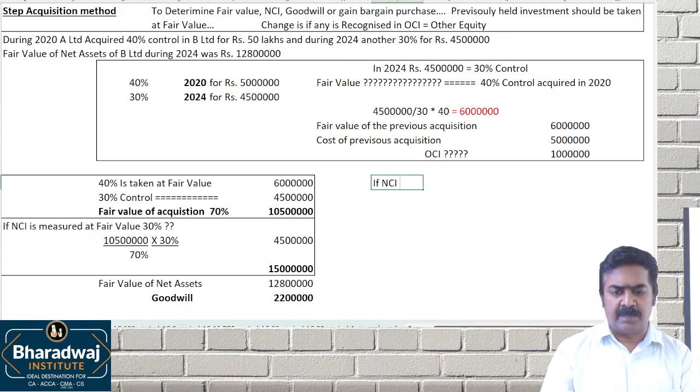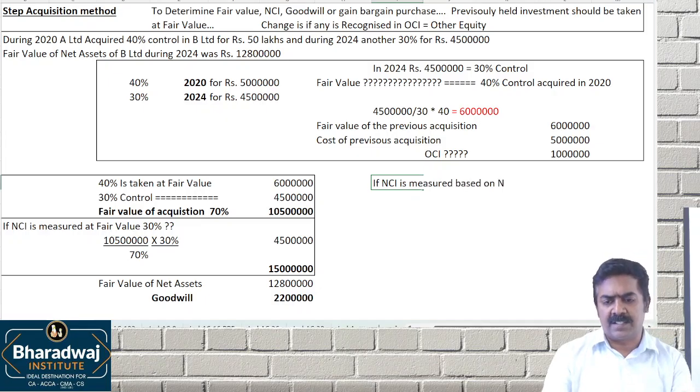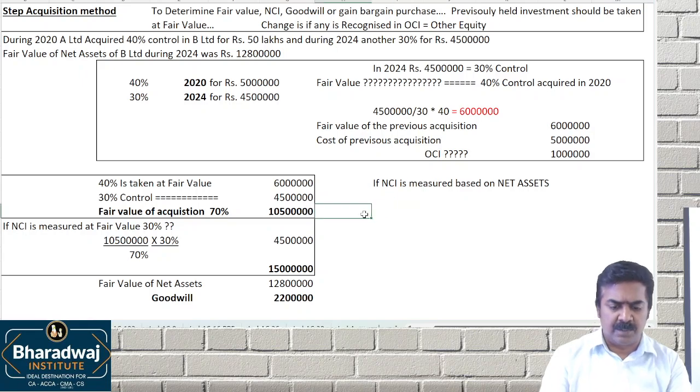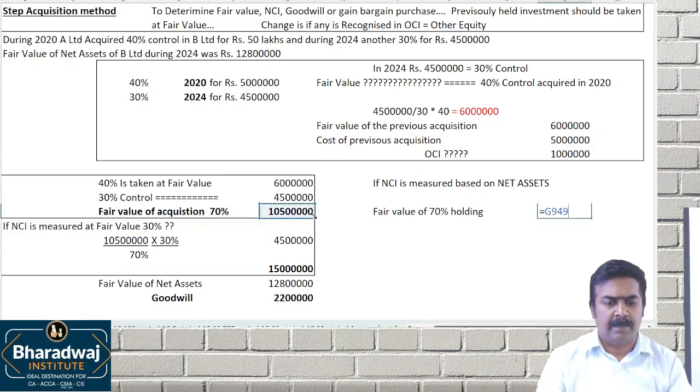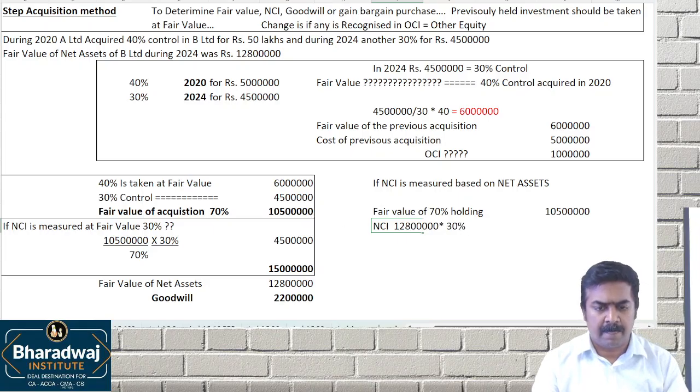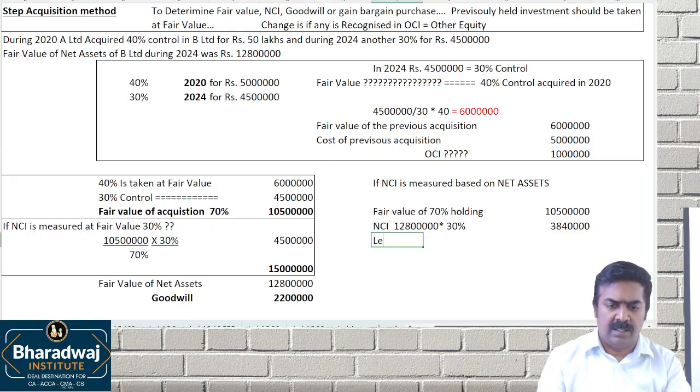Suppose if NCI is measured based on net assets, what would you have done? The 70% of the fair value will be the same. NCI will be 1 crore 28 lakhs into 30%, less fair value of net assets.